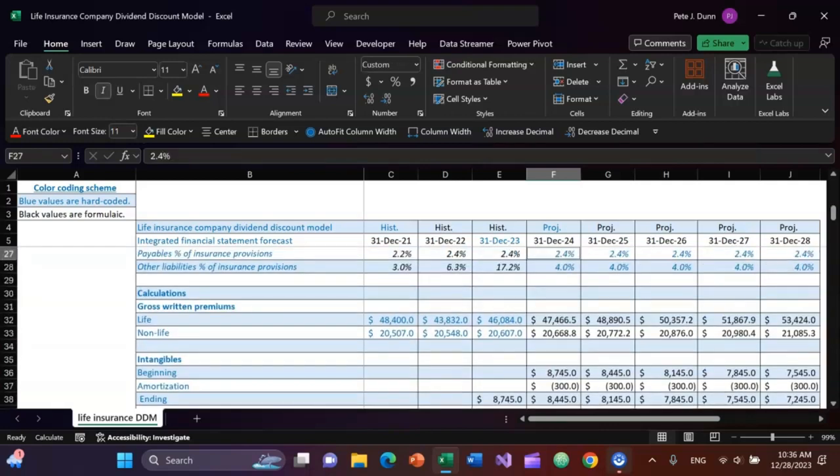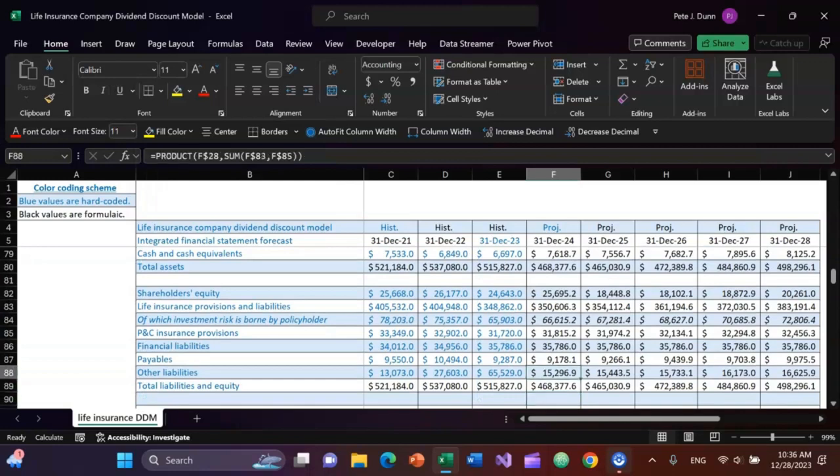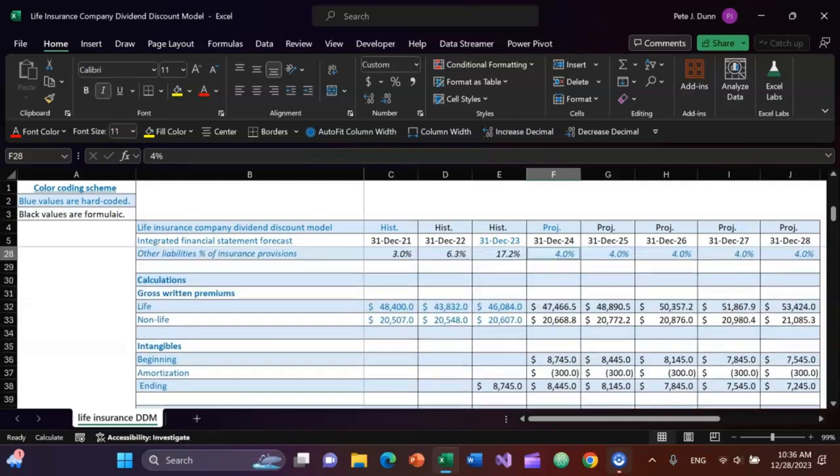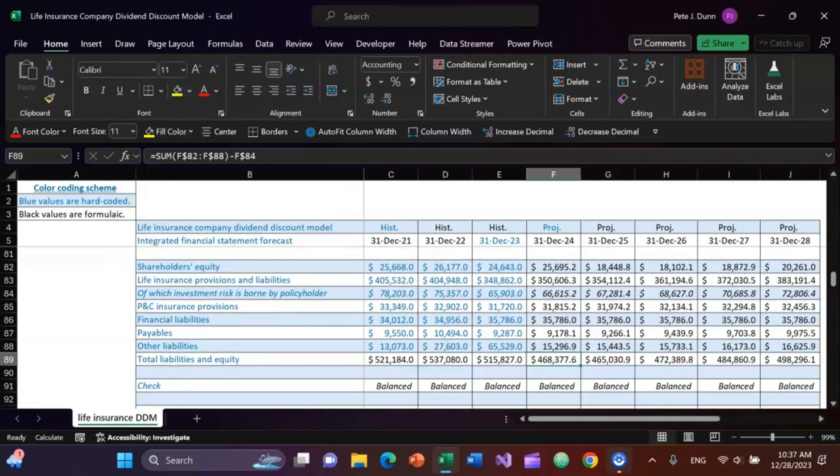You can see in row 27 there's a payables as percentage of insurance provisions assumption. Row 28, there's another assumption for other liabilities, which are based on a percentage of insurance provisions. I assume 4%. F5 enter to get back. Then you can sum those up and subtract out the part that's borne by the policyholder to get total liabilities and equity.